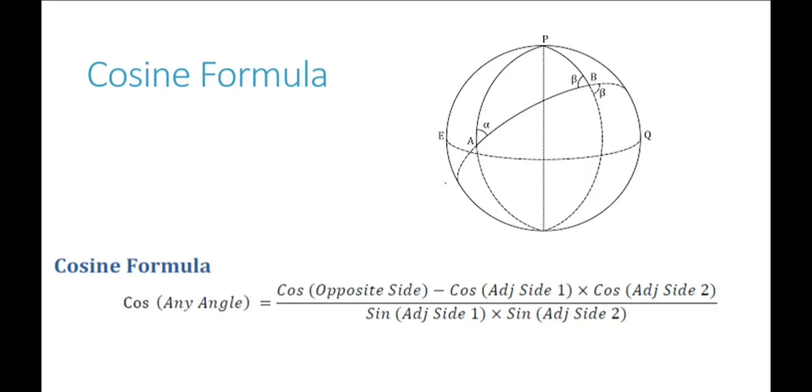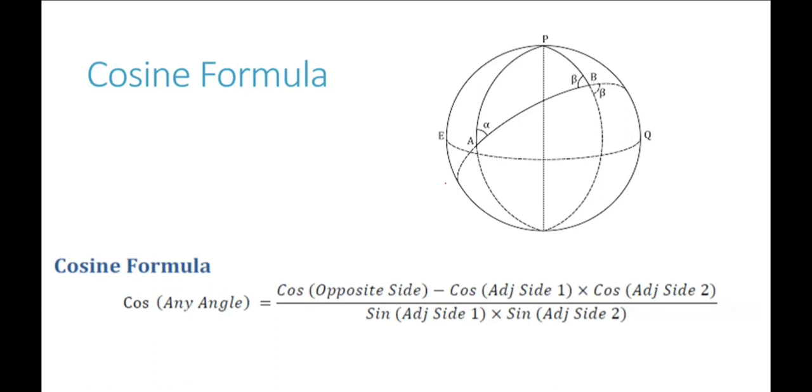The difference between a normal triangle or a plane triangle and a spherical triangle is that in a plane triangle, the sides are measured in units of length. Whereas in a spherical triangle, the sides are also measured in units of angle.